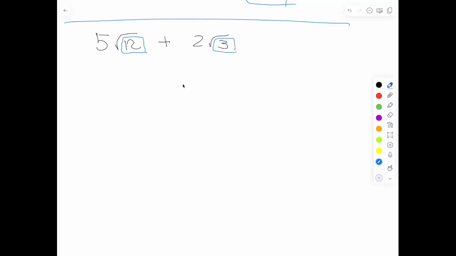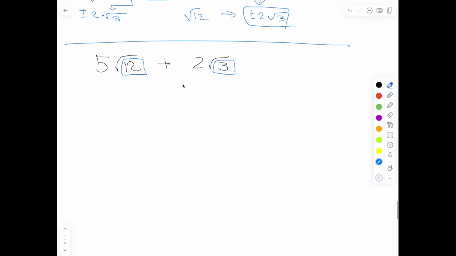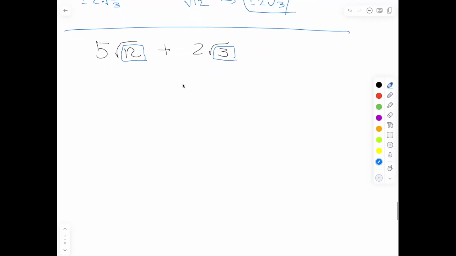So remember the example we just did up here? What do you think I got to do with that 12? Can you break it down? You got to break it down. So what are the two values that we came up with before to break up that square root of 12? 4 and 3. Yeah, 4 and 3.